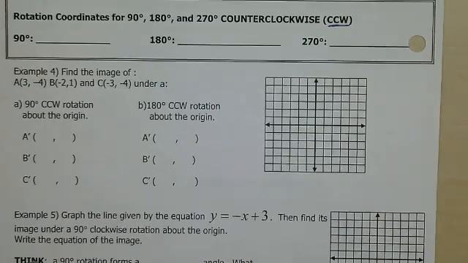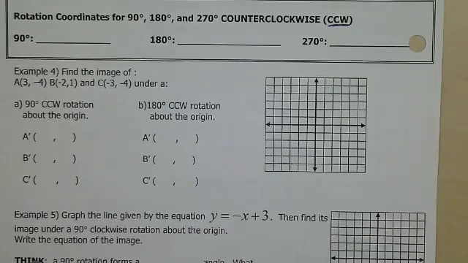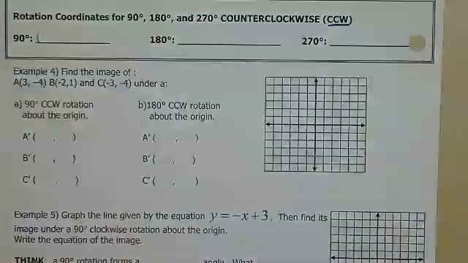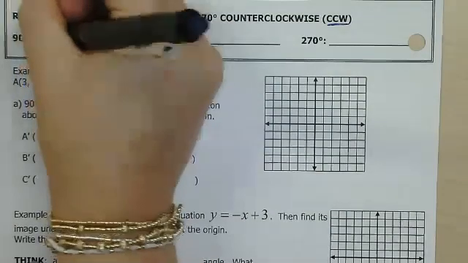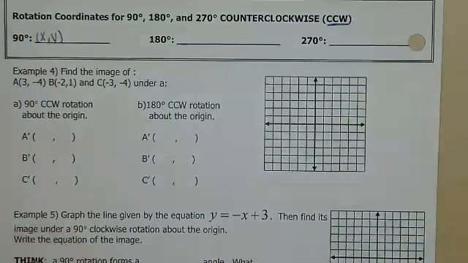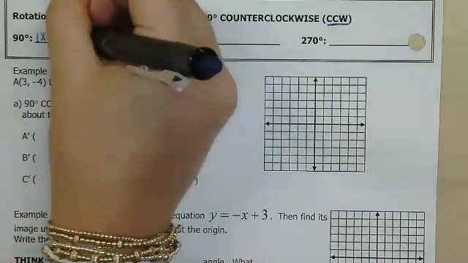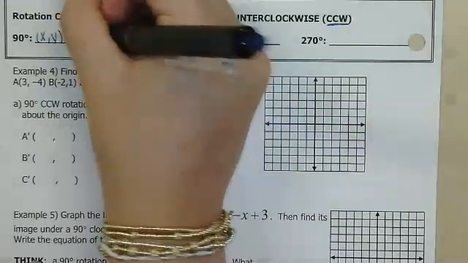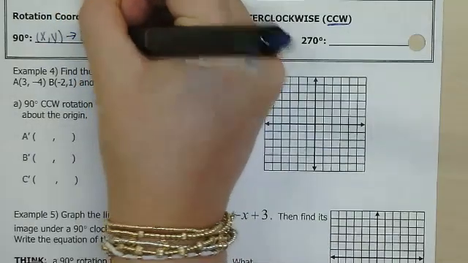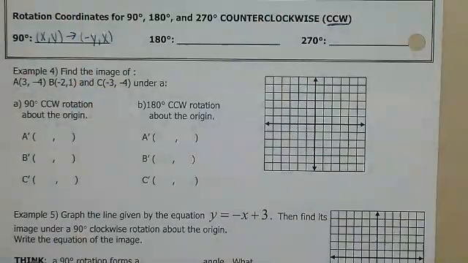All right, so our rule, so that we don't have to have patty paper every single time and trace it out and move it, is that if you have some coordinate (x, y) that you rotate 90 degrees counterclockwise, the coordinate becomes (negative y, x).